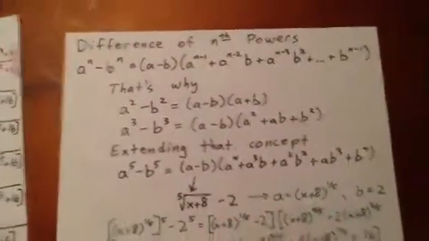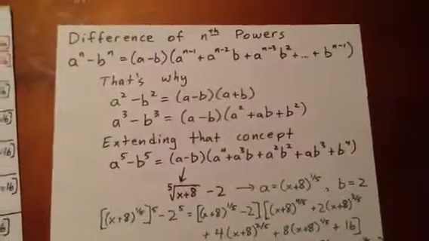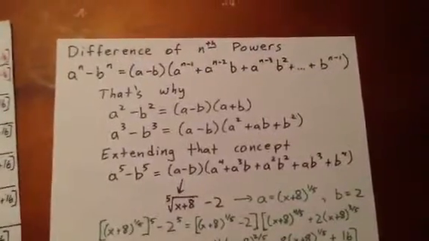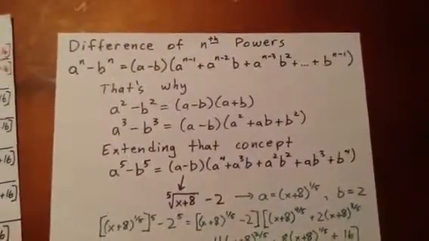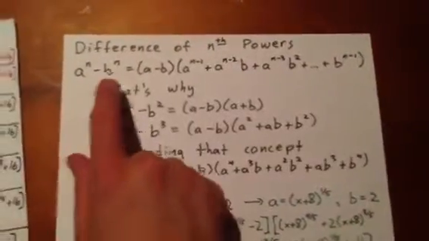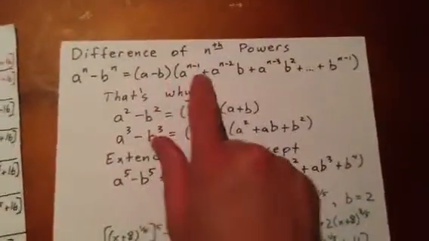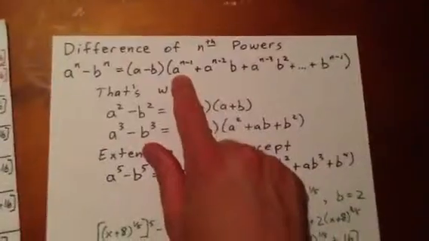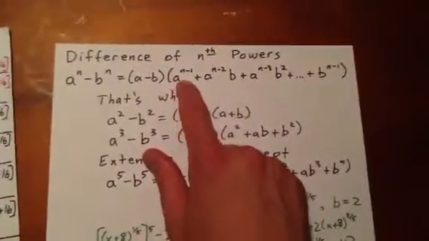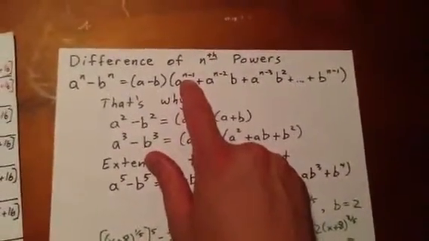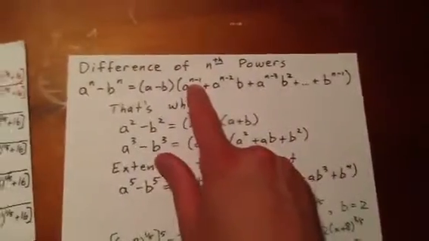It's just a more specific example of the difference of nth powers generally, which you probably already know. The difference of nth powers generally states that a to the n minus b to the n is equal to a minus b times a, the first term is a, and the exponent is going to be n minus 1.